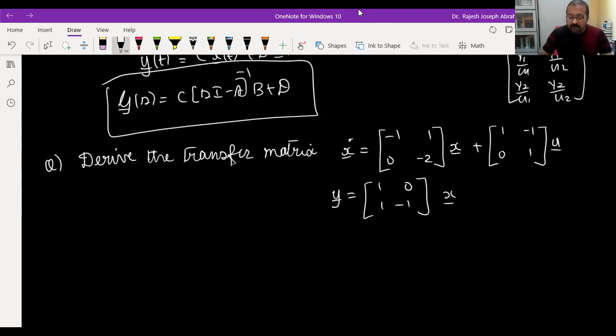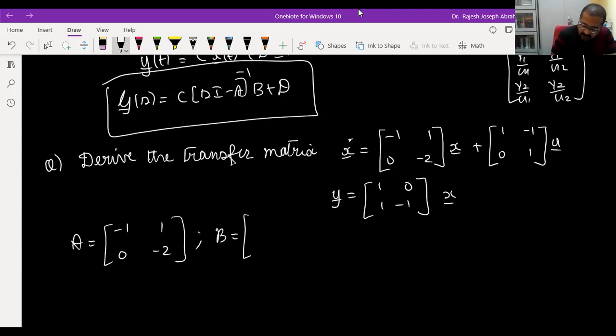So we are given, what's your D here? D is not given. So D is to be 0. Okay. So we are given A equals [-1, 1; 0, -2]. Then B is given as the matrix [1, -1; 0, 1]. And C is nothing but another matrix [1, 0; 1, -1], and D is equal to 0.